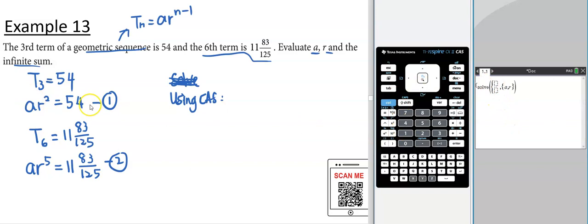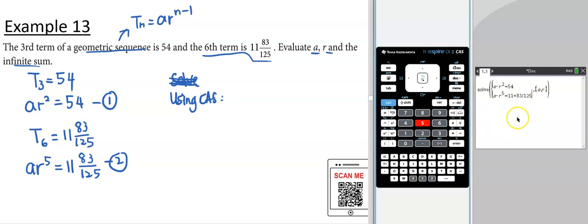First this equation: A times R to the power of 2 equals 54. The second one will be A times R to the power of 5. Bring down the cursor, click the right hand side, equals 11 plus 83 divided by 125.